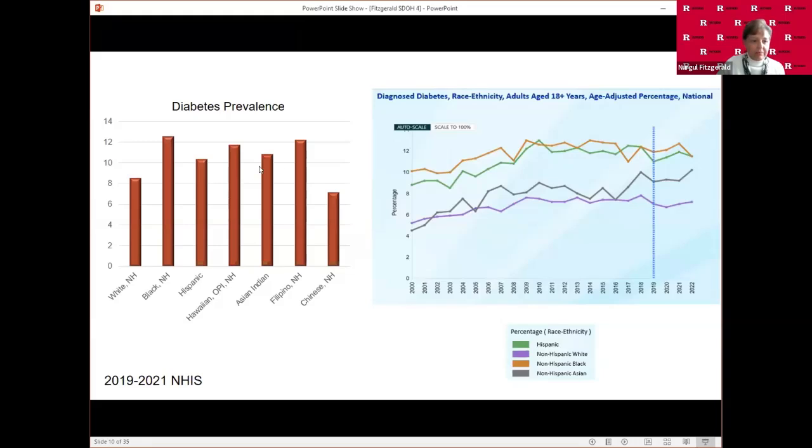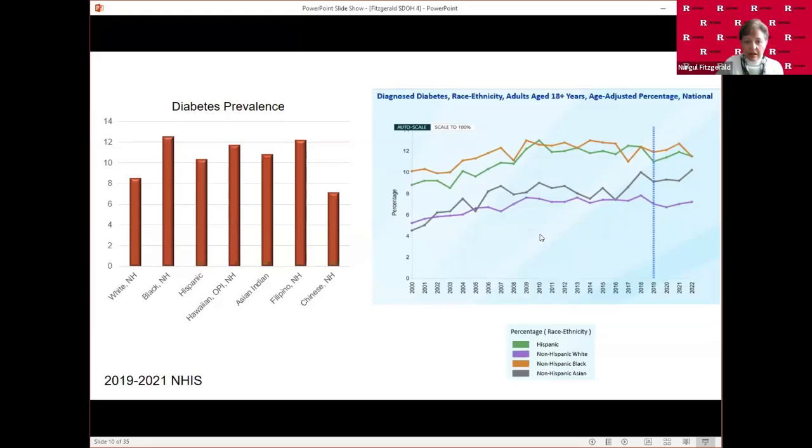Basically, many of the racial ethnic groups in our population, non-Hispanic Blacks, Hispanics, for example, Asian Indians, Filipino. So all of these population subgroups have increased levels of diagnosed diabetes, and these disparities are very easy to see in these statistics.